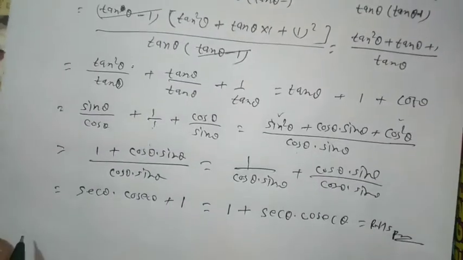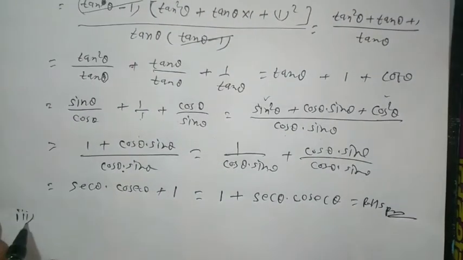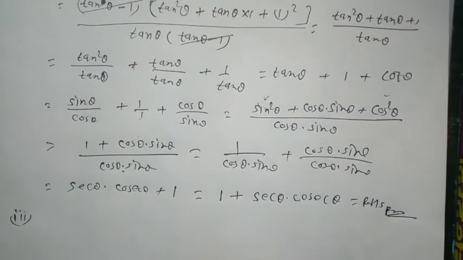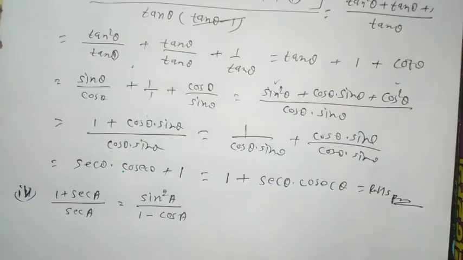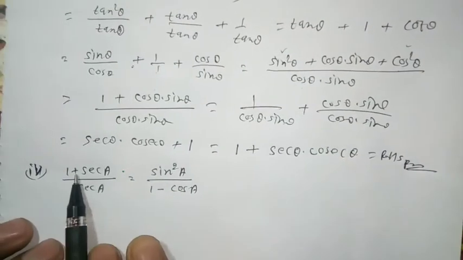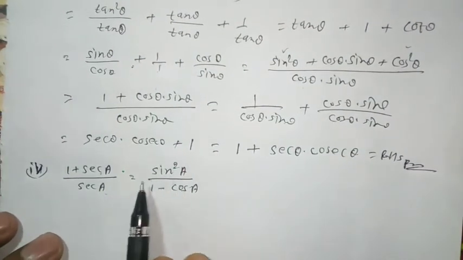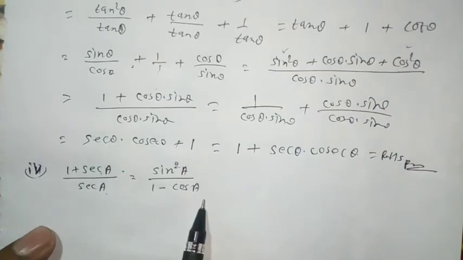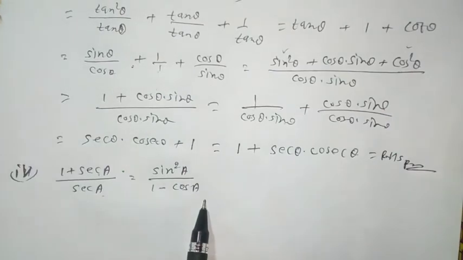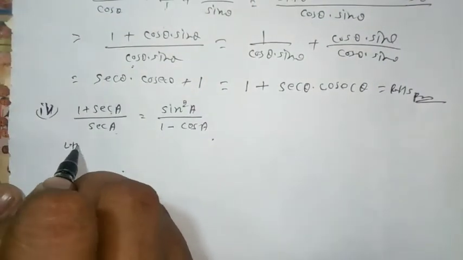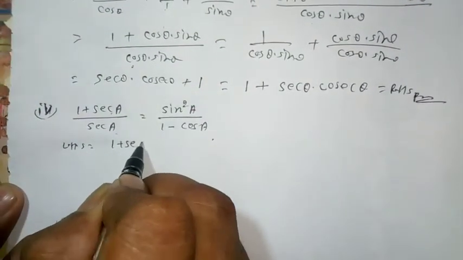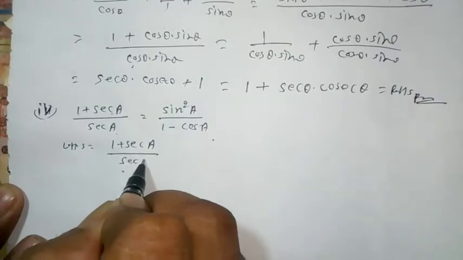The next question, question number 4. Question: 1 plus sec a by sec a is equal to sin square a by 1 minus cos a. LHS is equal to 1 plus sec a by sec a.